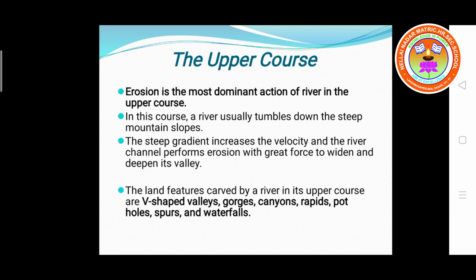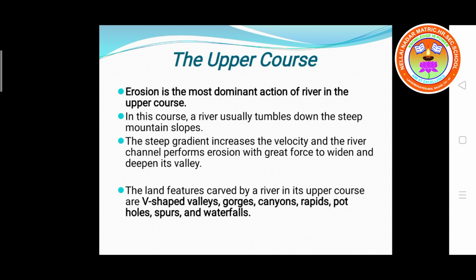The third point, the land features carved by a river in its upper course are V-shaped valleys, rapids, potholes, and waterfalls. Canyons will be formed in the upper course.